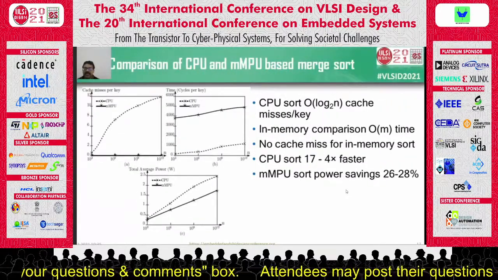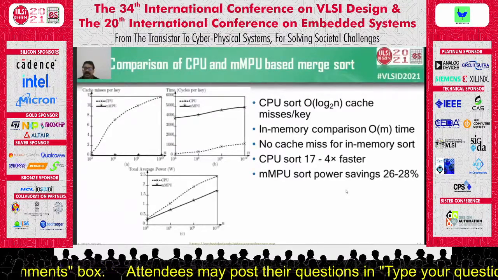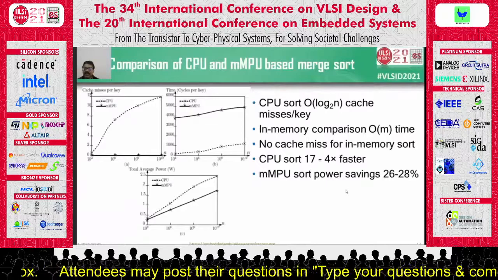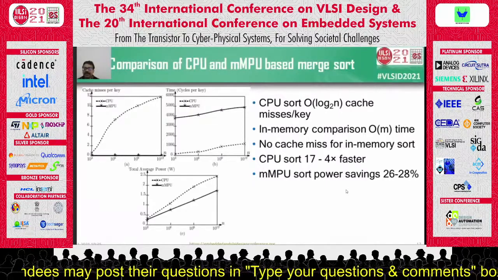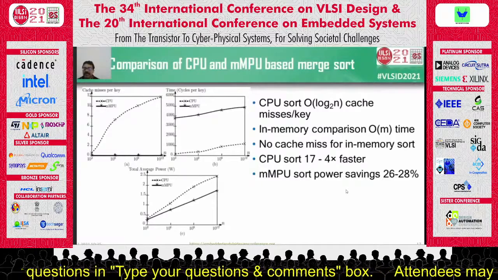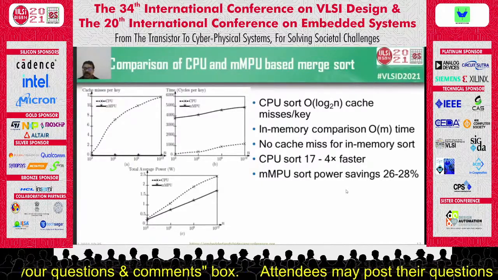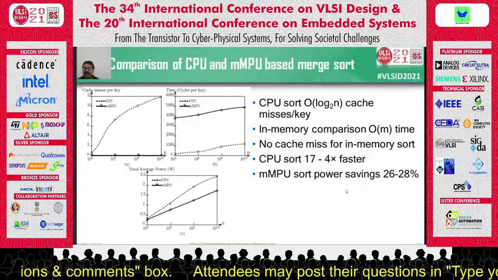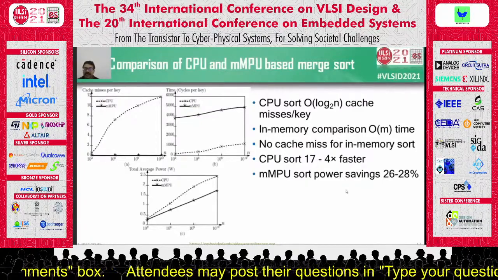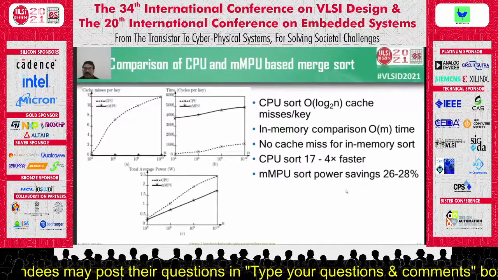Similarly, for the merge sort, the CPU-based merge sort is faster, while the MMPU-based merge sort has higher power savings due to no data transfer between the memory and the CPU. Here also, the comparison operation overhead degrades the performance of the in-memory based sorting.